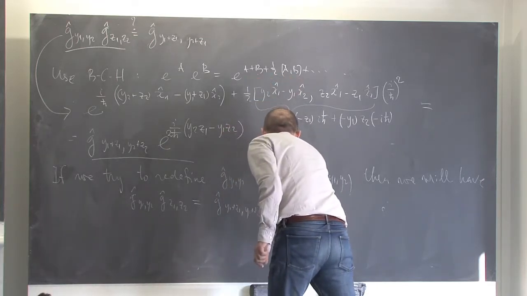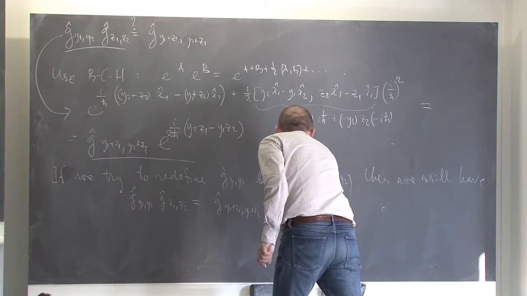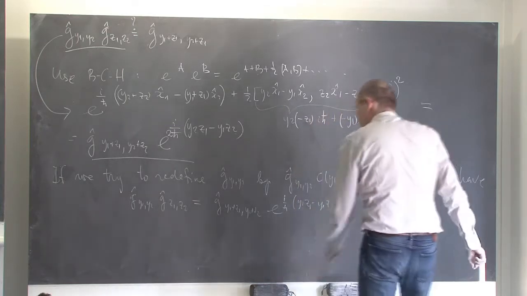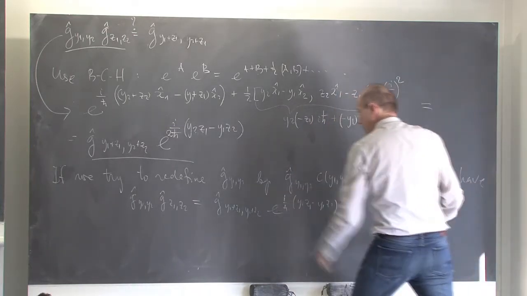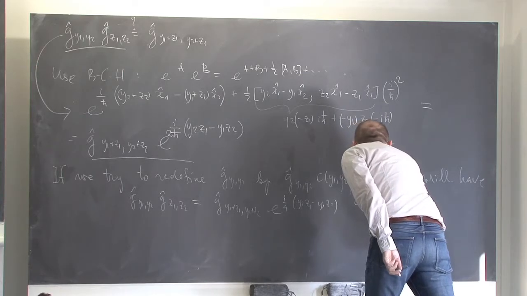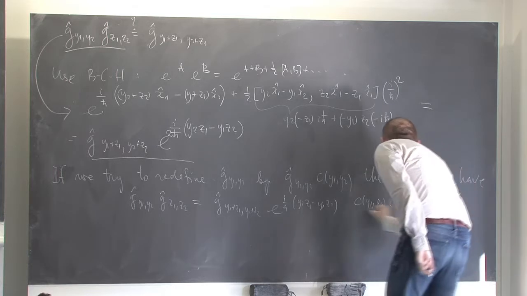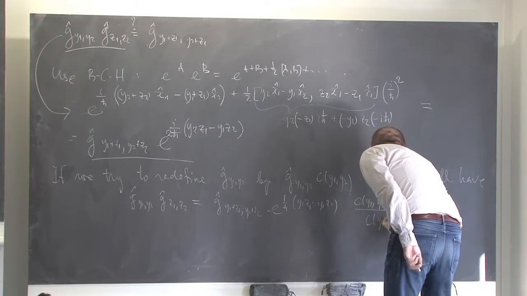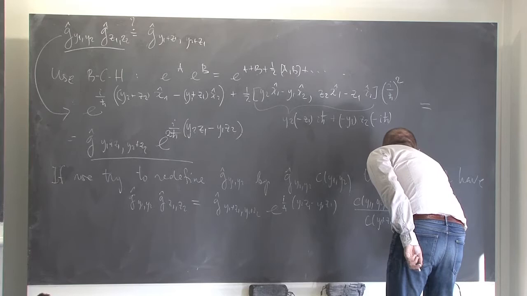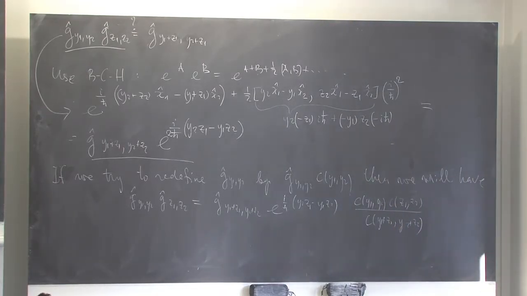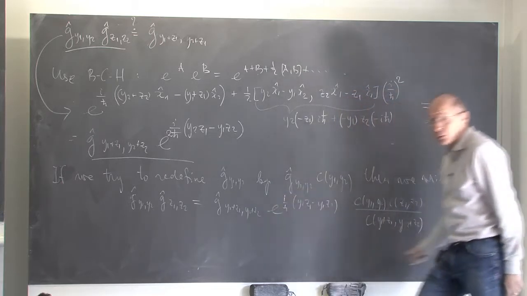This exponential factor, which we just have calculated, and then the combinations of C's. So what is the combination of C's? It is C of y1, y2, C of z1, z2, divided by C of y1 plus z1, y2 plus z2. And as you see, there is no way to choose function C in order to equate all this to 1.